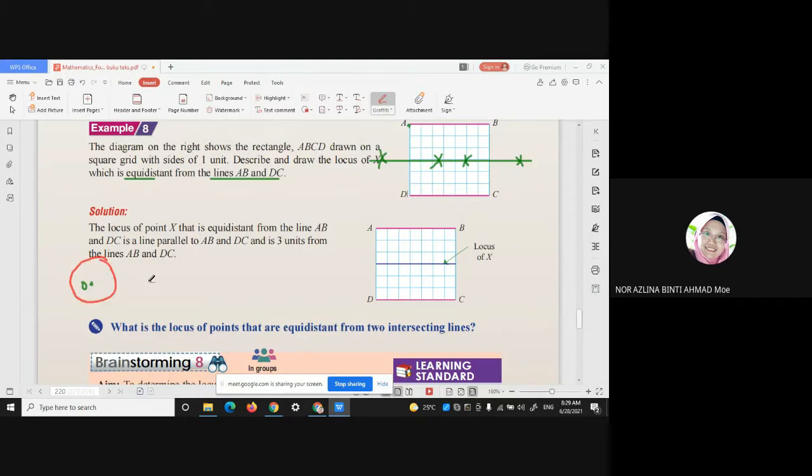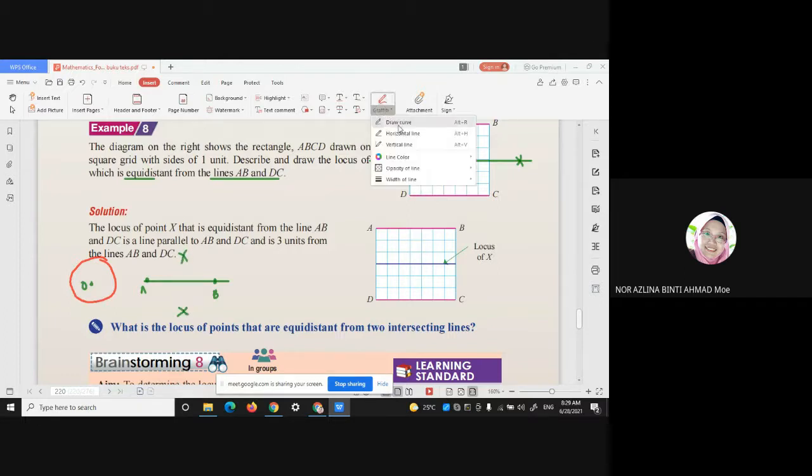Second, we have 2 points, A and B. What is the locus if the distance is equal from points A and B?